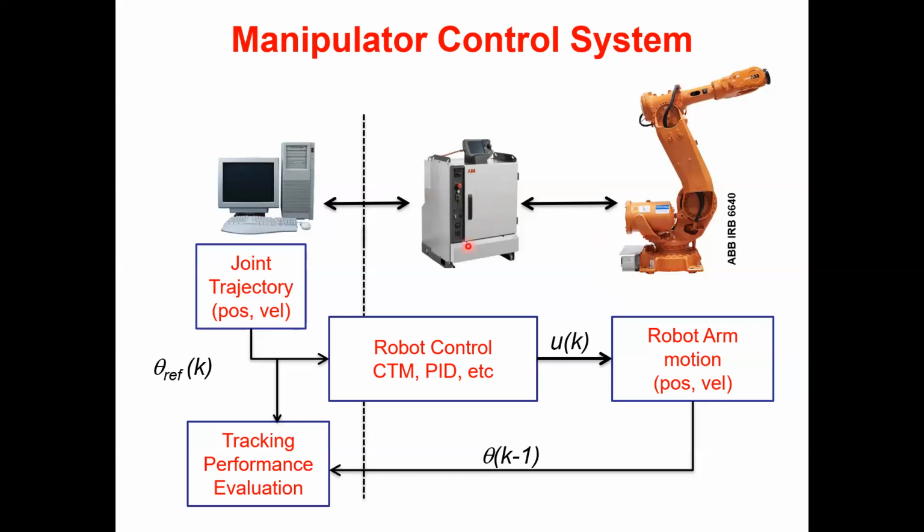So how closely your servo controller is following the desired trajectory has to be evaluated. Some sort of evaluation is required. You put on the same timeline the desired trajectory and the actual trajectory. If you see a major difference between the two, probably you want to change the control algorithm.